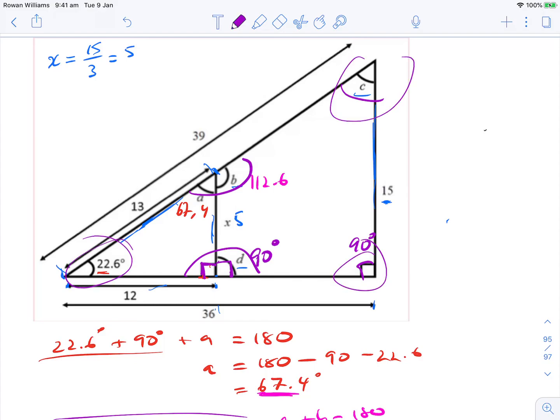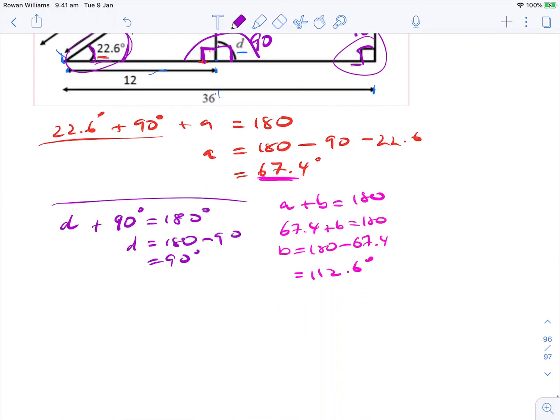We've got a big triangle. We know that's 22.6. We know that that's 90. We actually know, because these are similar as well, that C is also going to equal 67.4 degrees, because in our similar shapes, the angles are also the same as well. So C equals 67.4 degrees.